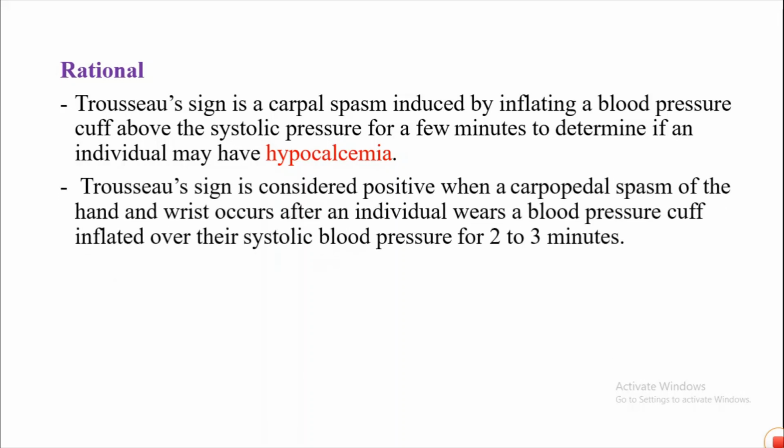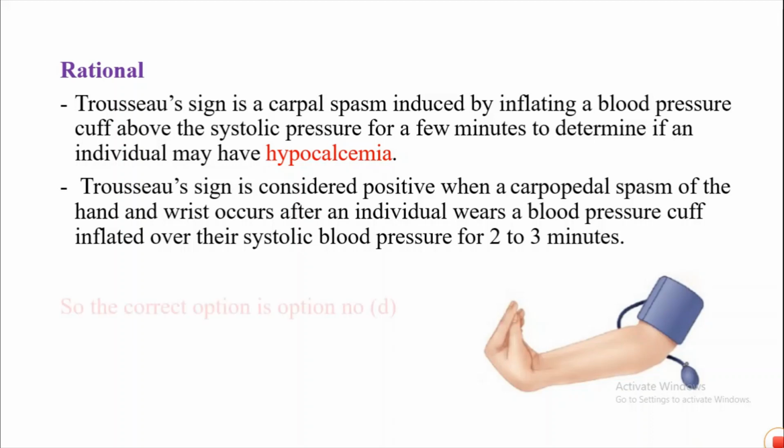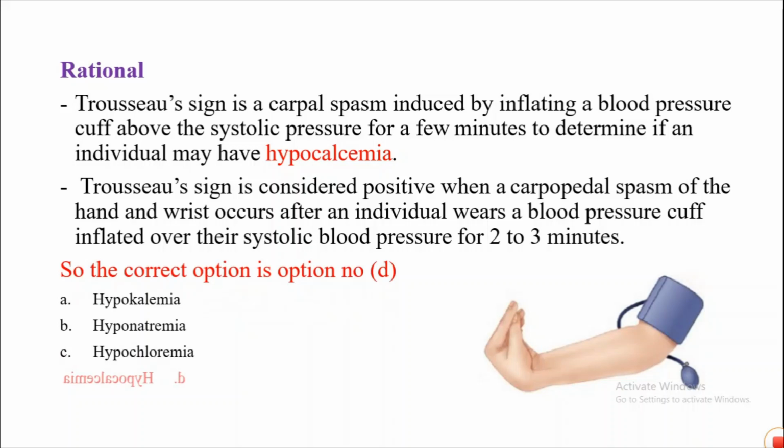Trousseau sign is considered positive when carpopedal spasm of the hand and wrist occurs, like this, after an individual wears a blood pressure cuff inflated over their systolic blood pressure for 2 to 3 minutes. So the correct option is option number D, which is hypocalcemia.